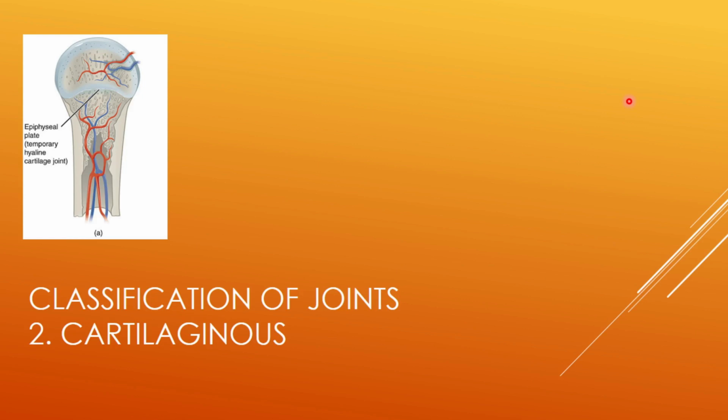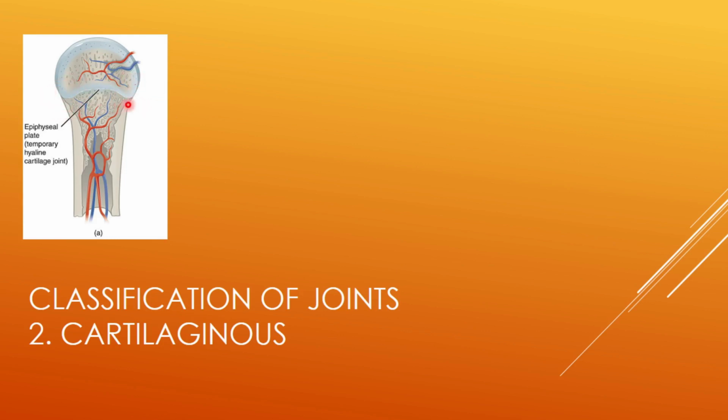Now, the second classification of joints are cartilaginous, and we have either primary cartilaginous or secondary cartilaginous subdivisions within this classification. So a primary cartilaginous joint unites two bones or parts of bone with a plate of hyaline cartilage.